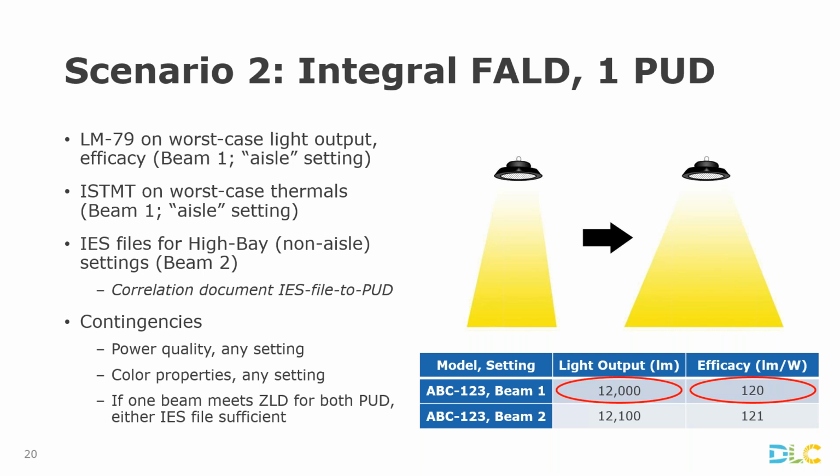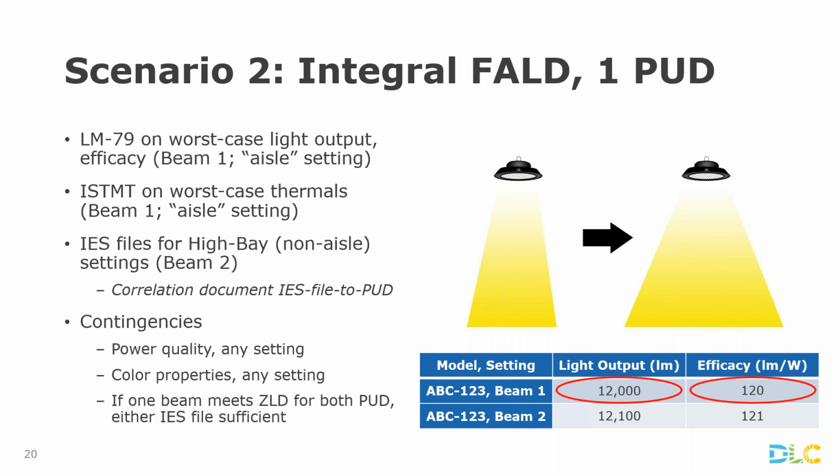Similar to the previous scenario, the IES file has to be provided that correlates with the primary use designation. For simplicity in this example, we assume that that be provided on beam 2 because beam 2 will meet the primary use that it's applying for, that non-aisle high bay primary use designation.